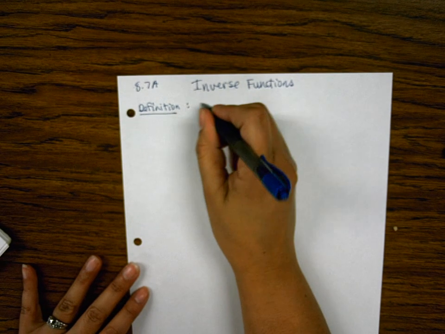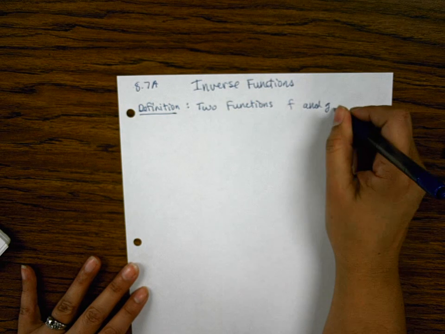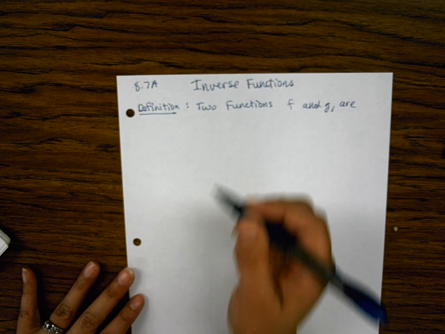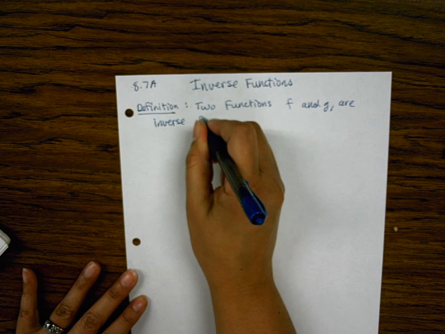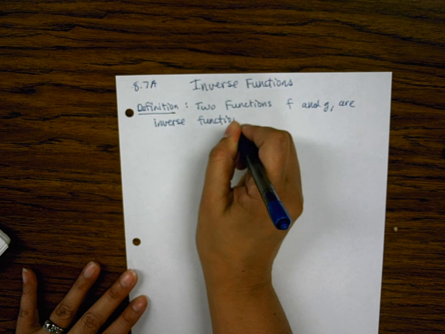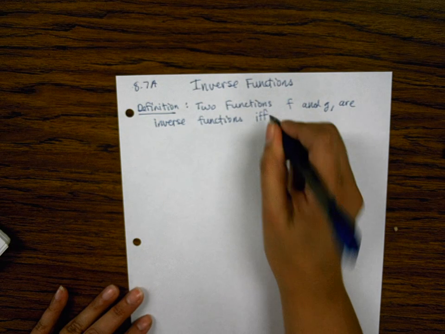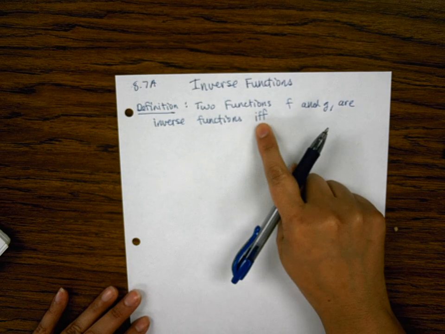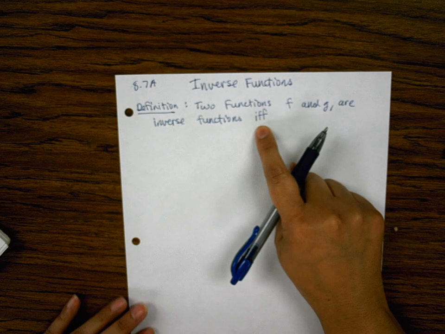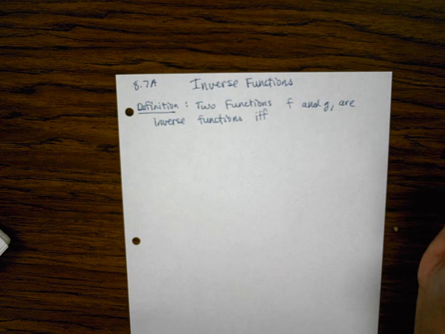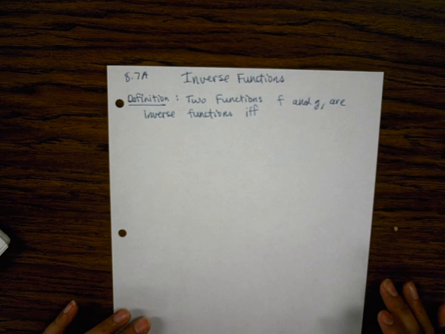First, two functions f and g are inverse functions if and only if. You remember that it's not just if, it's if and only if. You learned that well last year, at least the shorthand notation.